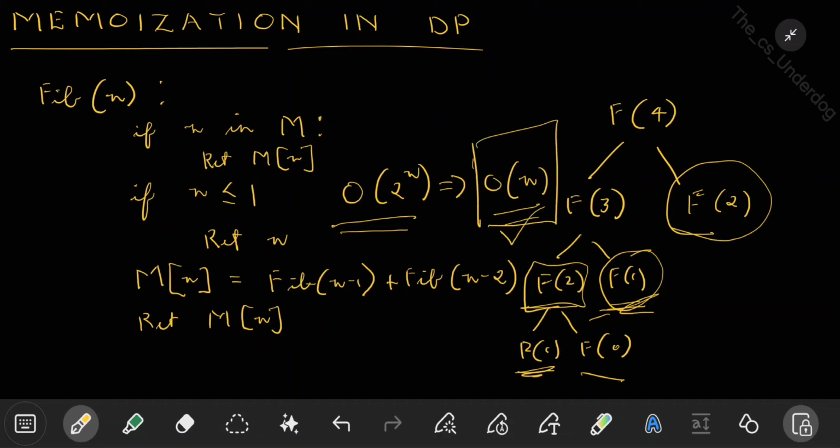This is where memoization is useful. When should you use this? Whenever you see overlapping subproblems and optimal substructure. This is what we already discussed in the DP lecture, that these two conditions should be satisfied whenever you want to solve a problem using DP, dynamic programming. Optimal substructure and overlapping subproblems.